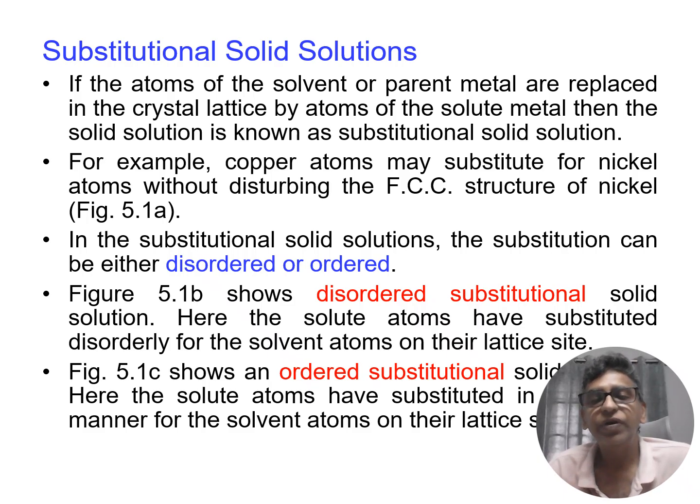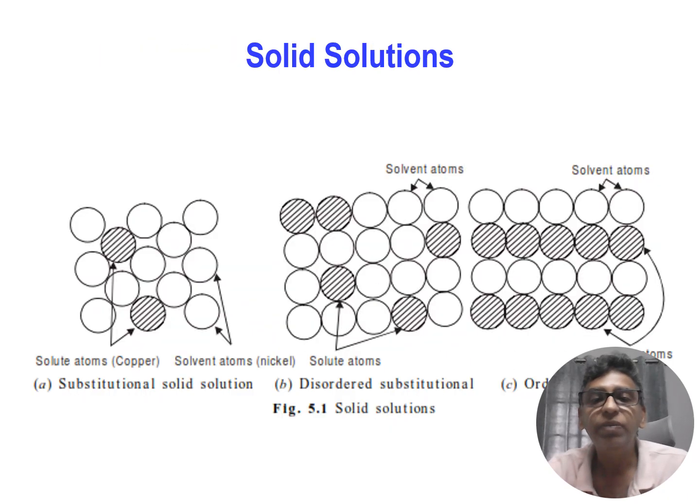In sketch 5.1b, the disordered substitutional solid solution, the solute atoms have substituted disorderly for the solvent atoms on the lattice sites, whereas 5.1c shows an ordered substitutional solid solution. Here the solute atoms are placed in an orderly manner.